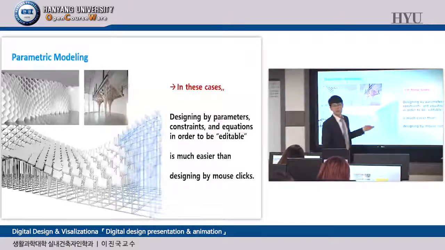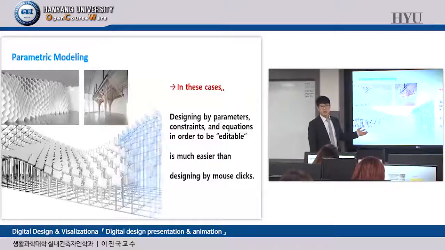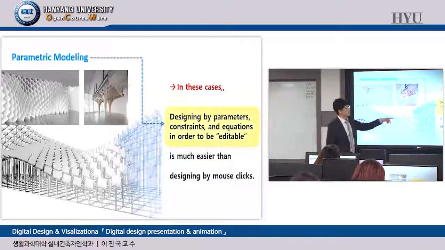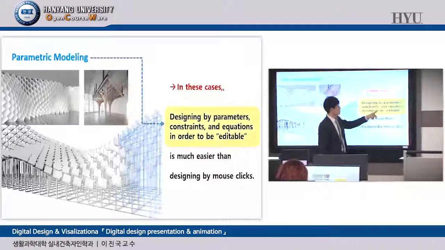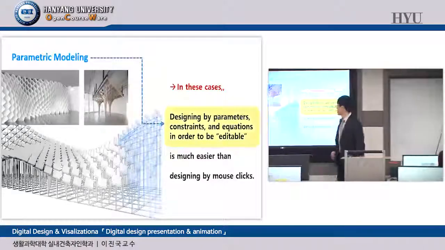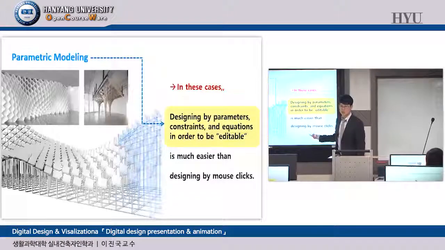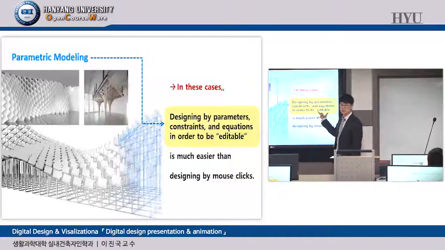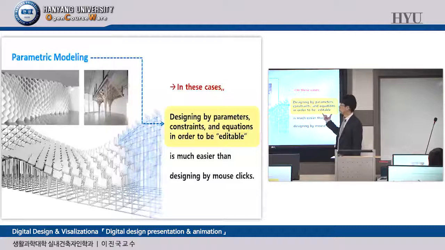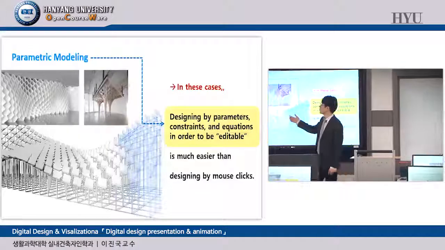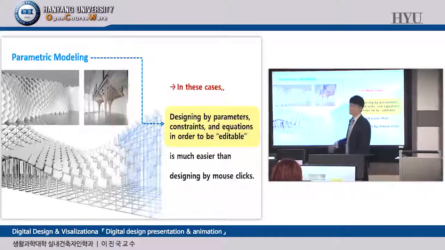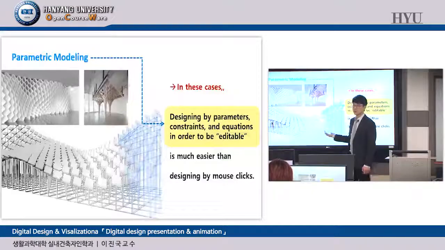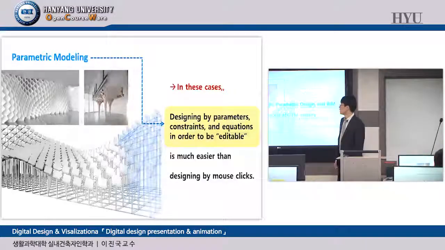You cannot mimic this one again, okay? This is the final geometry. This one doesn't have logic. So designing by parameters, constraints, equations, in other words, design by logic, which means editable, okay? Editable by designers. And then we can realize this design in the real world. That's the point of parametric modeling.